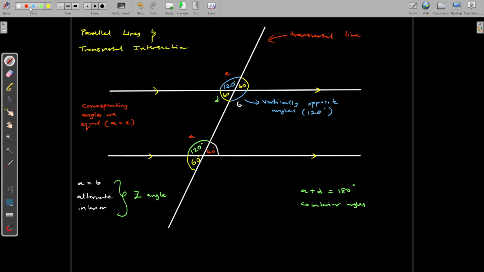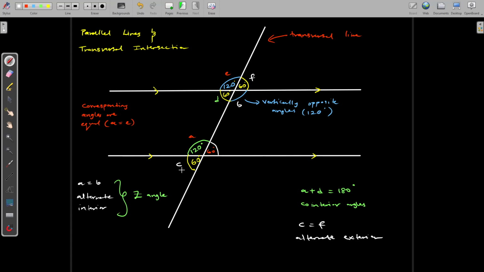So let me give this one a label. Let's call this one C, and let's call this one F. So C and F are alternate exterior angles. So C is equal to F, alternate exterior.